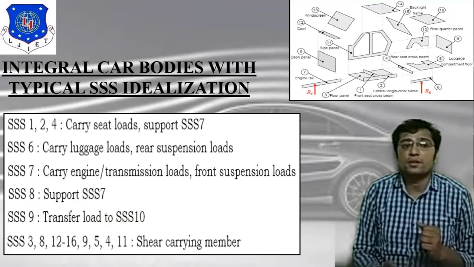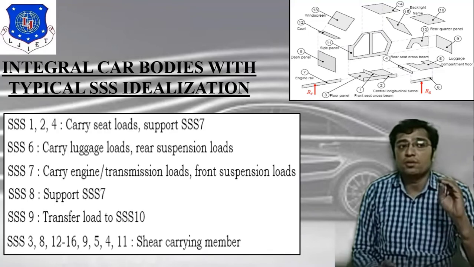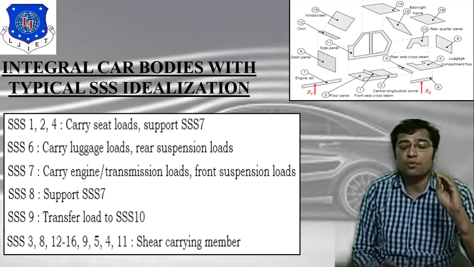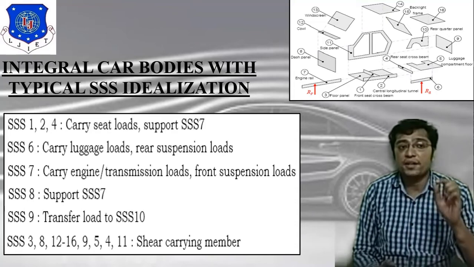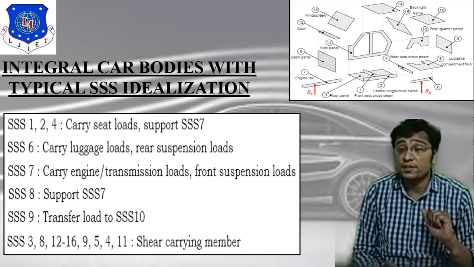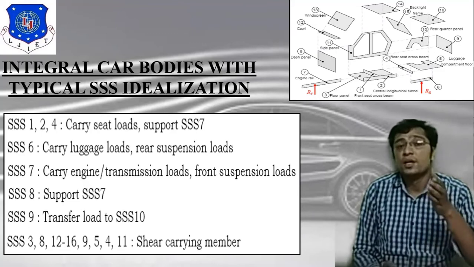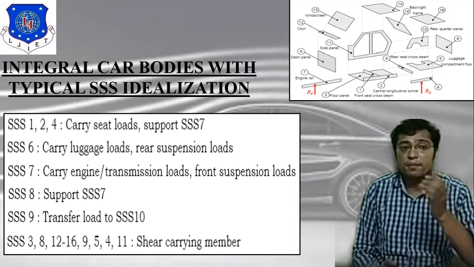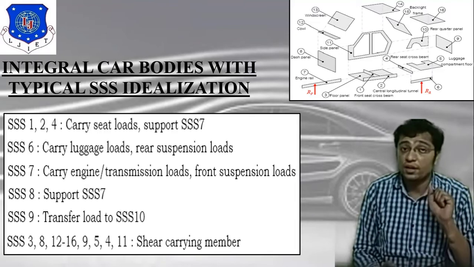In this image I have attached different types of load. In SSS 1 to 4, they carry seat load, as I have mentioned here. In part number 6, I have attached carry luggage load or rear suspension load. In spare part number 7, as per design, you can find carry engine transmission load and front suspension load.